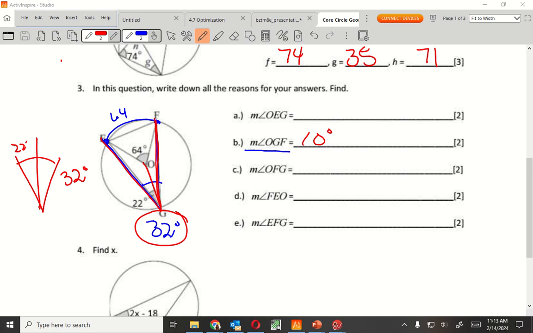My missing side over here is what I'm looking for. Both of them together have to add up to 32, and this side's already 22, so the piece that you're missing, by subtraction, 32 minus 22 is 10. That's how we get that one.